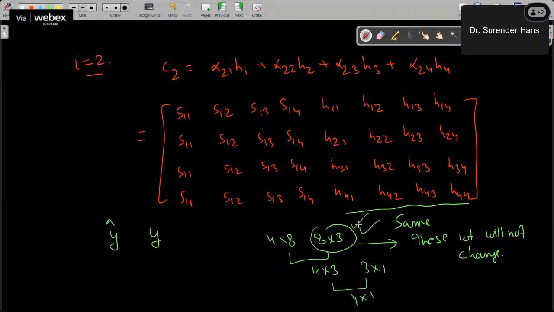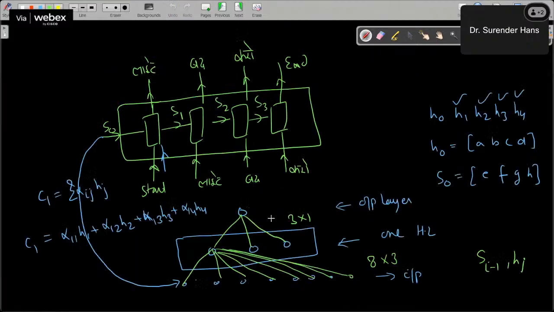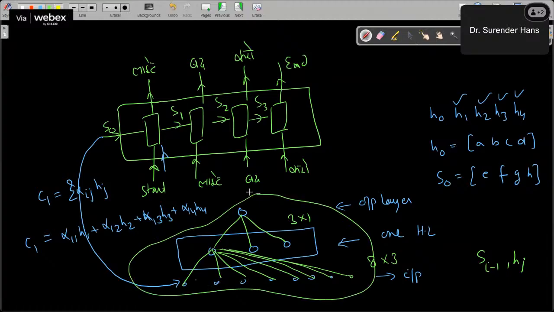So what is important is that this whole neural network is the same for every time step of the decoder.